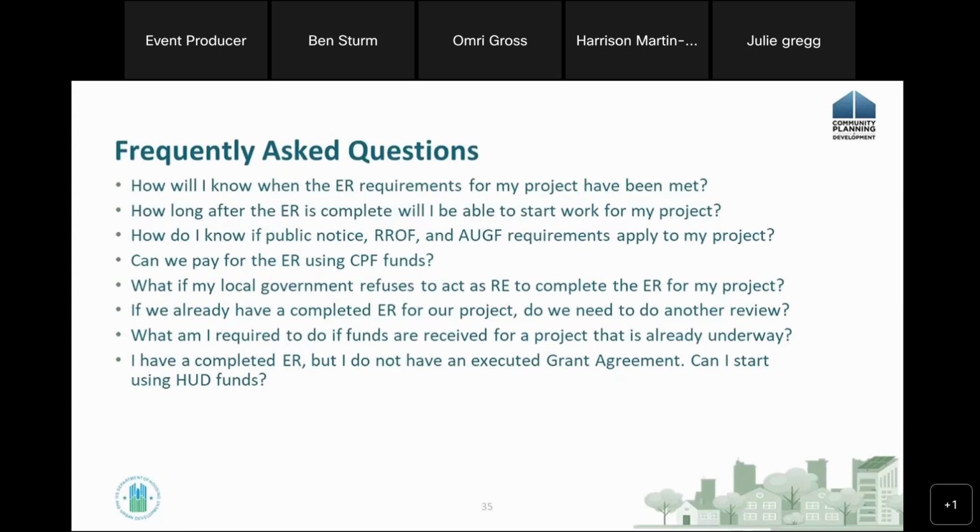Now, if there is ongoing physical work for which commitments were entered into prior to the federal nexus, that work may proceed after the federal nexus, but it would be doing so at the project's own risk. So again, you have this obligation from even before the project was federalized.